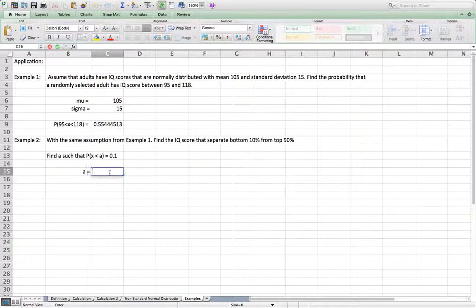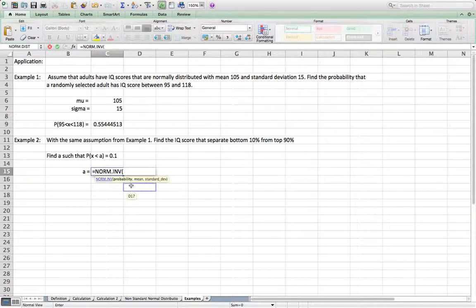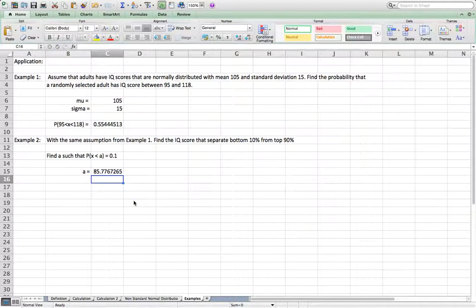In this case, I will use NORM.INV. It asks for the probability, 0.1, the mean, 105, and the standard deviation, 15. This gives you 85.77. This means IQ scores less than 85.77 are the bottom 10%.